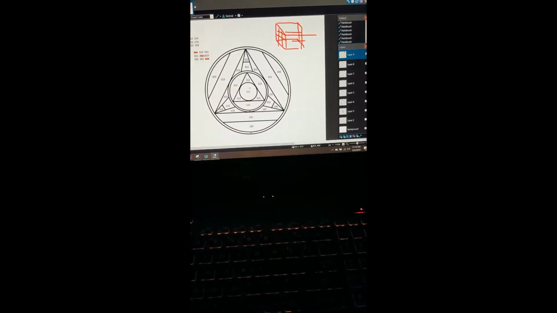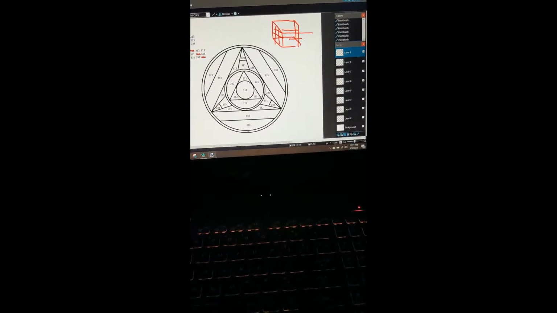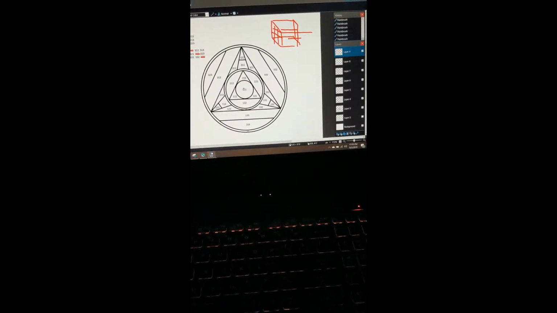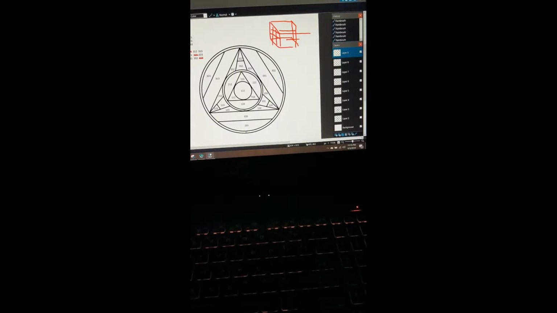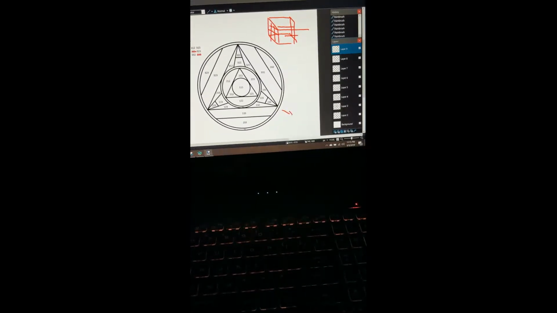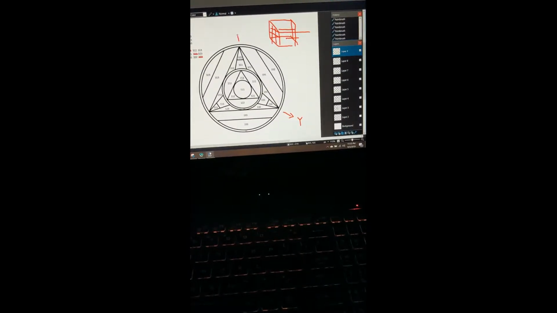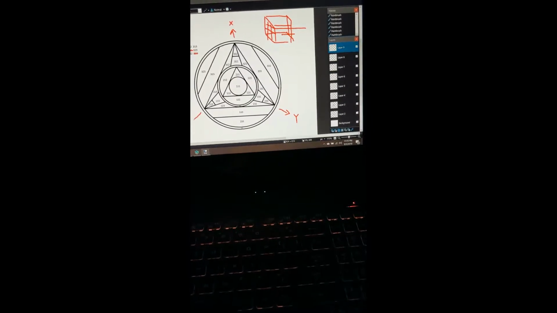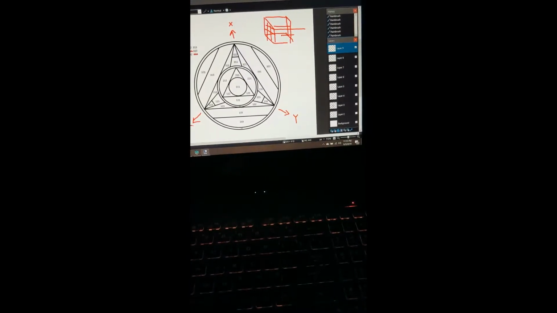If we go up the y-axis, so 1, 2, 1, so 1, 1, 1, 1, 2, 1. Y is going to be generally this way. This is going to be x for us, and this is going to be z.